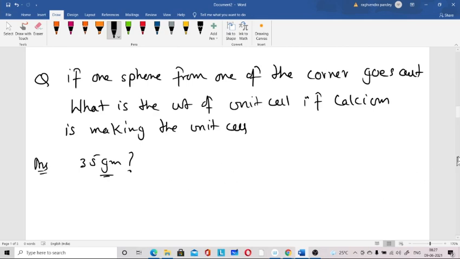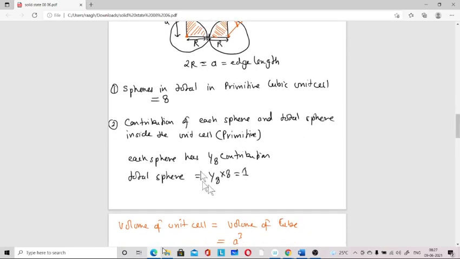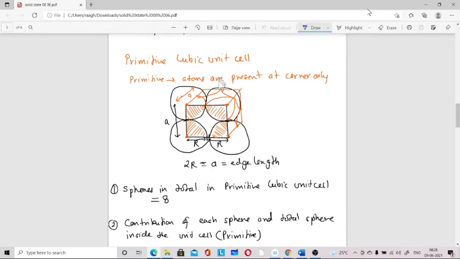Now, what I told you in the previous lecture is that each sphere is contributing 1/8, and in total there are 8 spheres at the corners. So what happens when one sphere goes out?